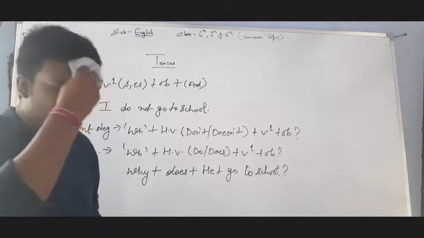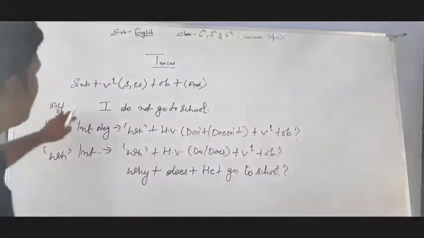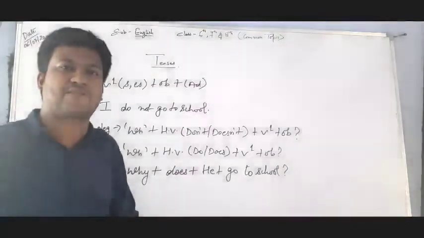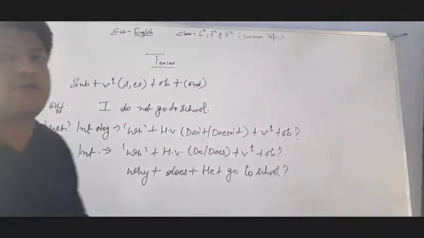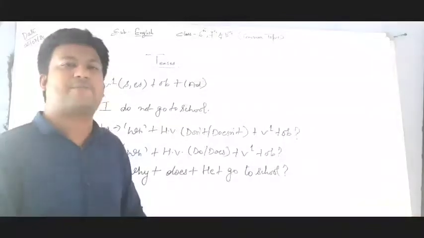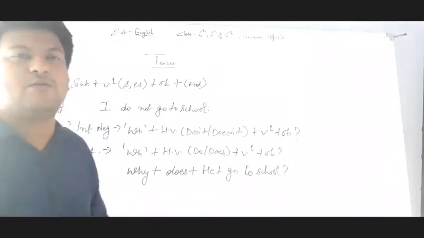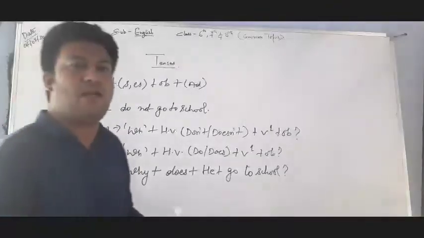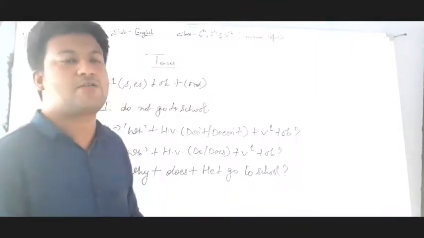Now I have told you 6 types of sentences here. Again I am repeating. First one was affirmative, that is subject plus verb first form s or es plus object. Another one I have taught you is negative, that is subject plus helping verb do or does. Does I choose with singular and third person. For the remaining ones I use do plus not plus verb first form plus object.